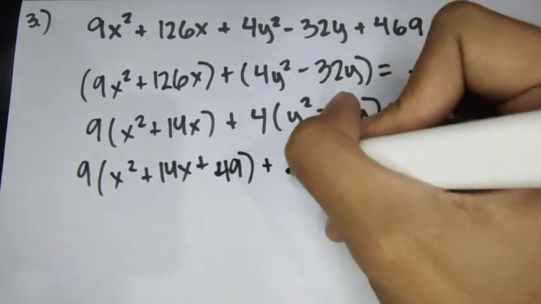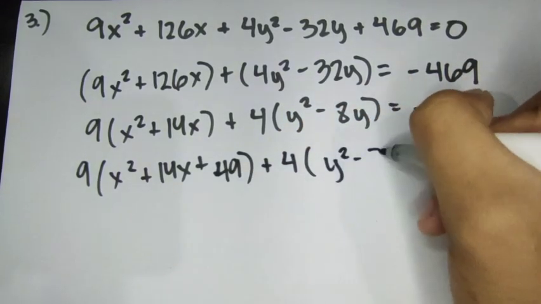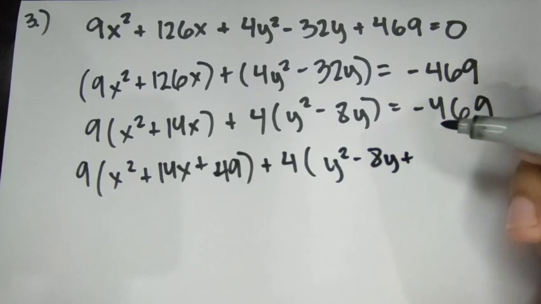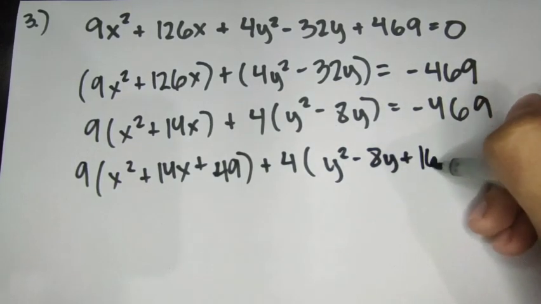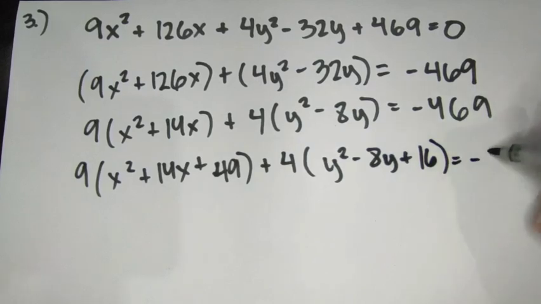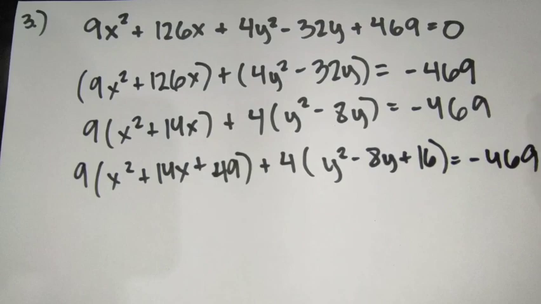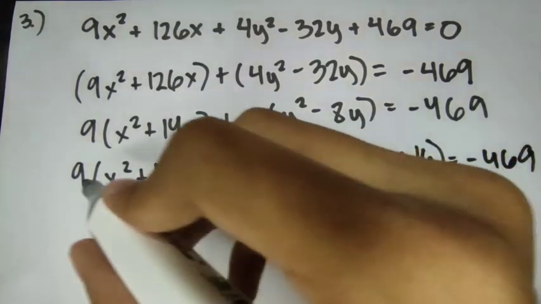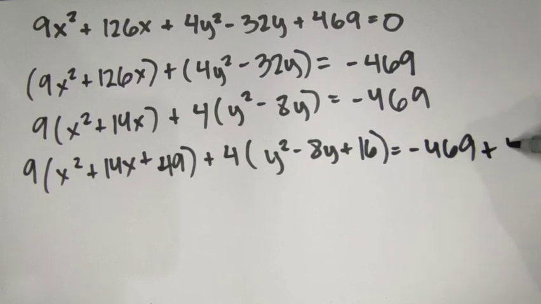And then adding 4 multiplied to y squared minus 8y plus the square of 1/2 of negative 8, which is 16, equals negative 469. And then we add the product of 9 and 49 and the product of 4 and 16.